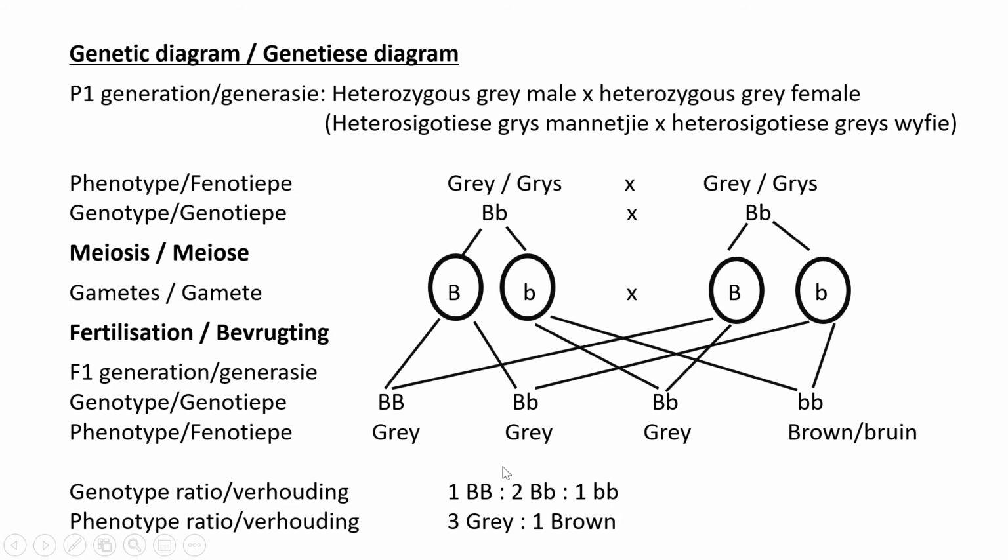So the ratio technically is 1 to 2 to 1. But always write down your genotype so that the examiner knows that you know what each number represents. Phenotypically, the ratio is 3 to 1: 3 could be gray and only 1 possibility of a brown individual. So when you study again, please study this slide.